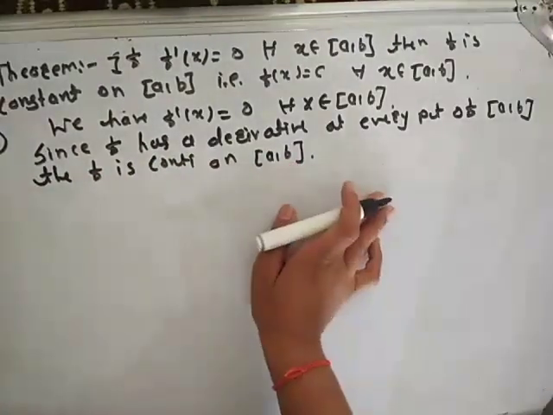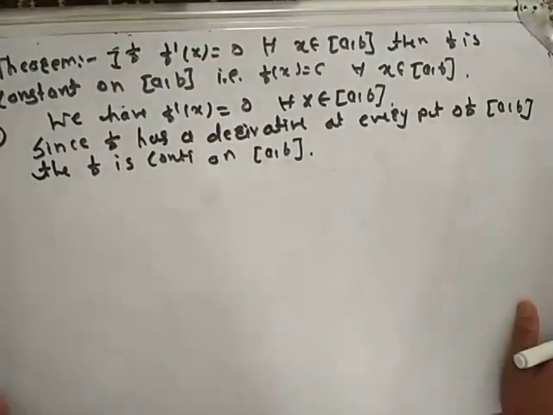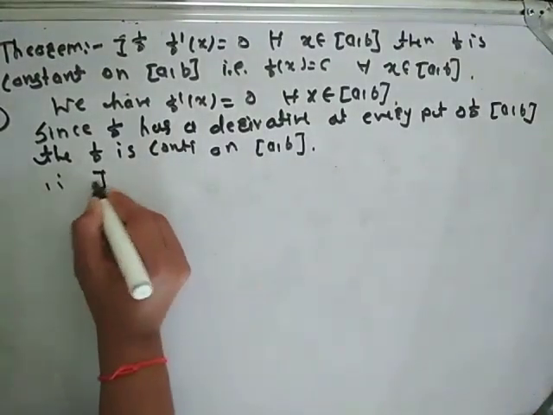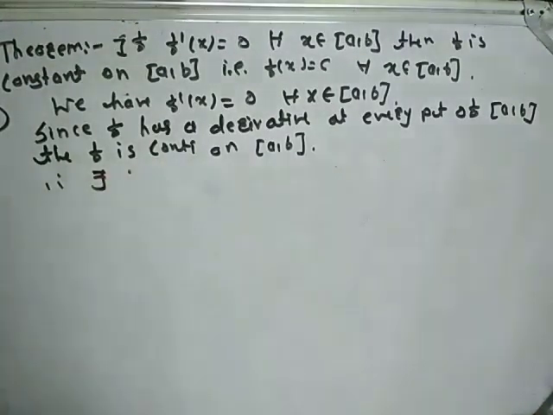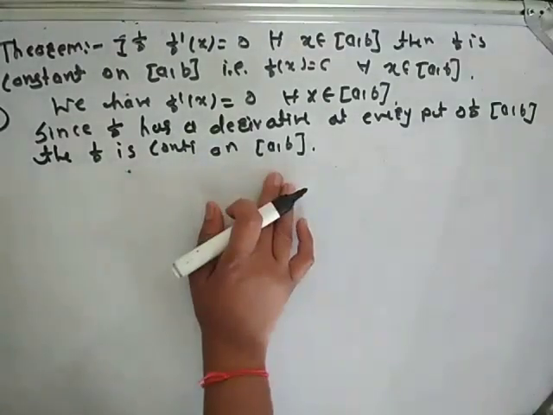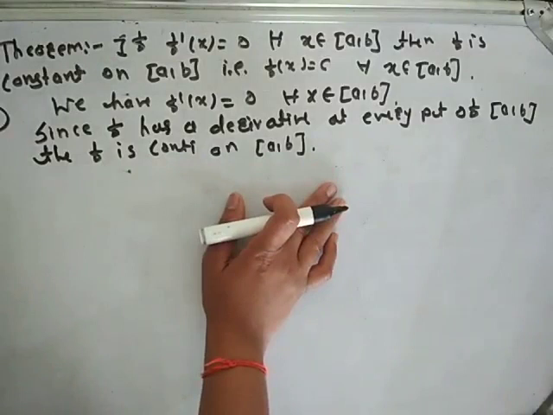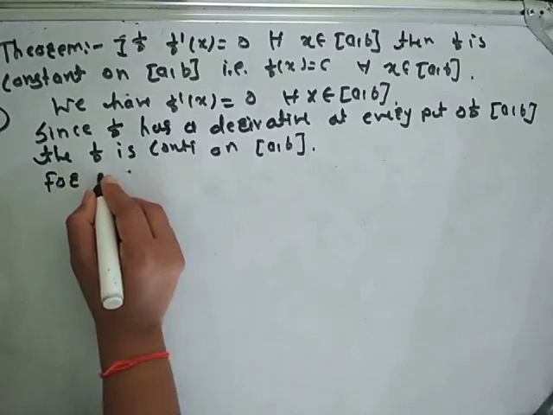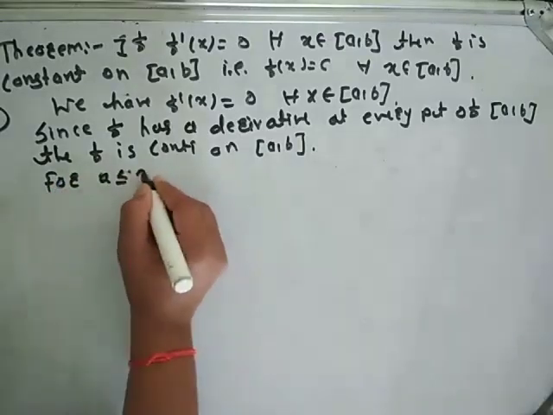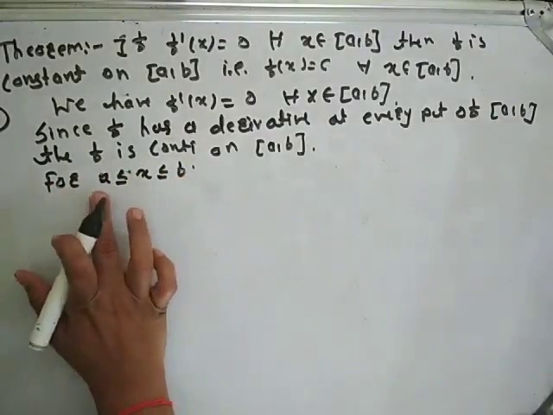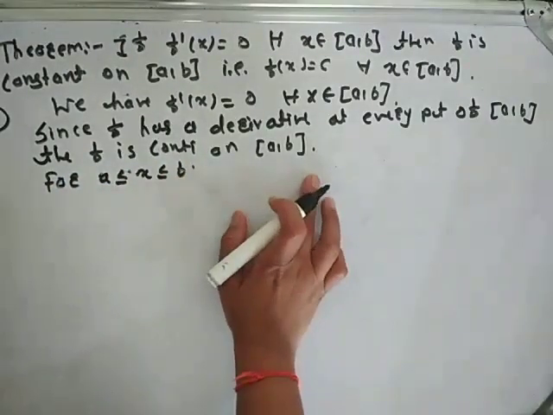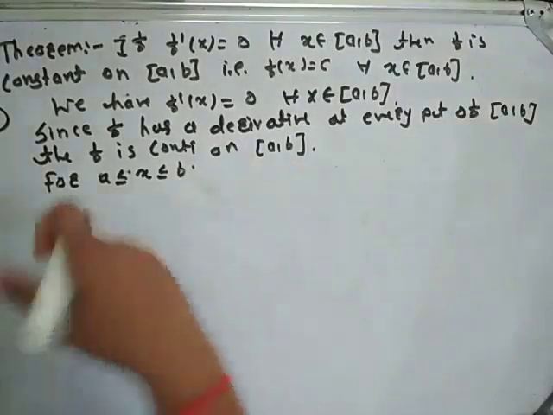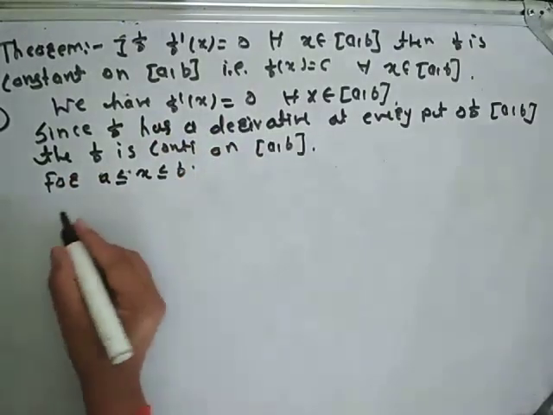Because every differentiable function is continuous. So for a less than or equal to x less than or equal to b, closed interval [a, x] is a subset of closed interval [a, b]. If f is continuous on closed interval [a, b], then f must be continuous on closed interval [a, x].